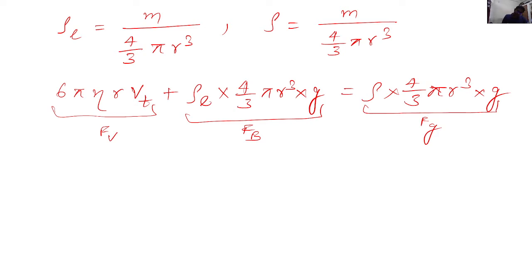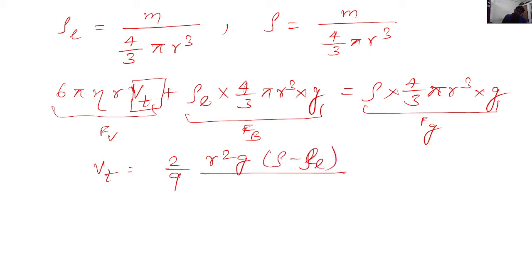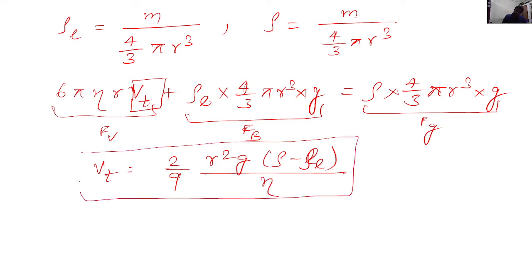So if you try to solve the expression for Vt, you will get this expression: 2 by 9 r square g (rho minus rho L) by eta. So r is the radius of the sphere, g is the acceleration due to gravity, rho is the density of the sphere, rho L is the density of the fluid medium, eta is the dynamic coefficient of viscosity.